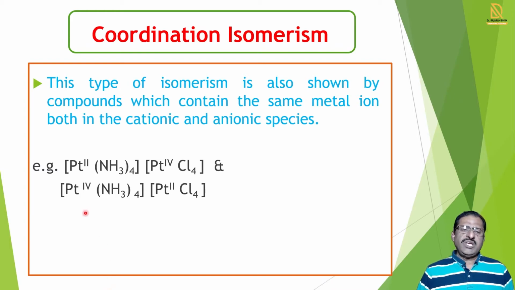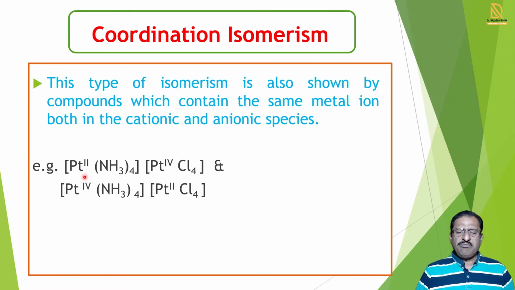Also, we take one more example in this type. Here, isomerism is also shown by compounds which contain the same metal ion in both the cationic and anionic species. That means in the previous example the metal ions were different. Here, we take an example where the metals are the same, but the oxidation numbers are different.